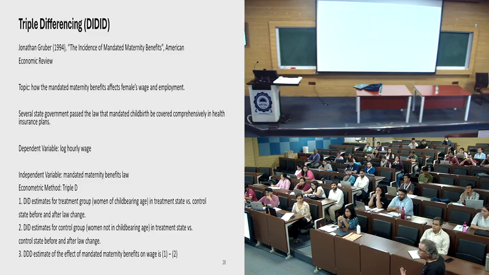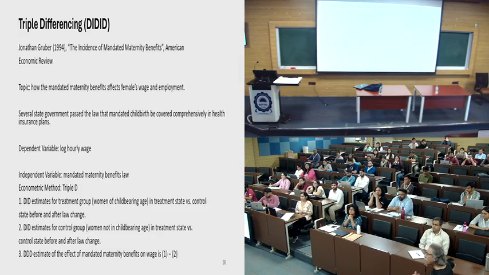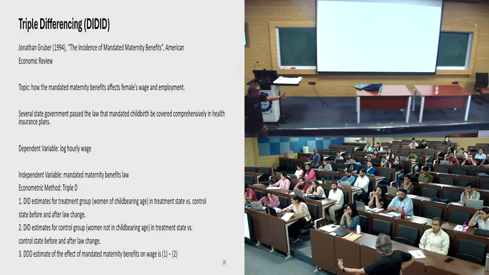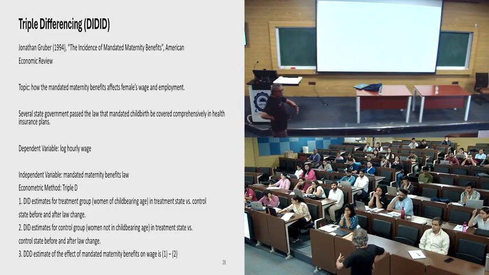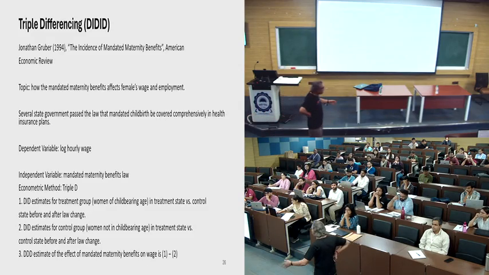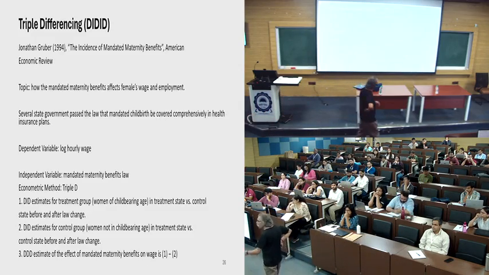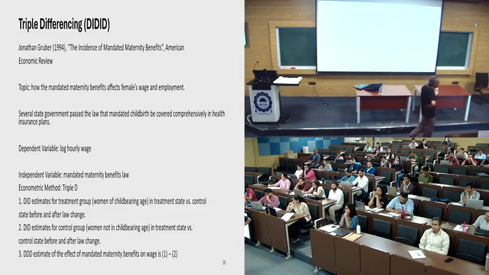Like the treatment group, women of childbearing age in treatment state versus control state. Now, females who do not belong to the childbearing age, and what happens in the treatment versus control? Then you take the difference between the two, and it is the estimate of the effect of mandated maternity benefits on wage. Clear? Fine?